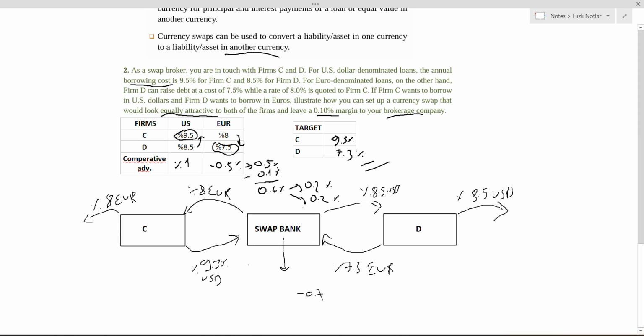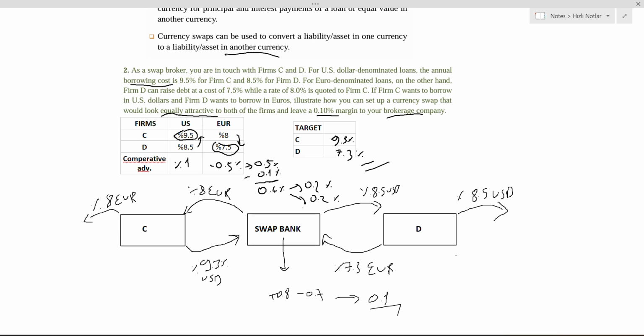So we have plus 0.8%. At the end of the day, we took our commission as 0.1% net final. So we are happy. Company C is happy, and company D is happy because they borrowed at the costs they expected.